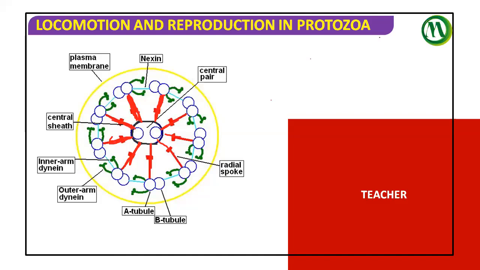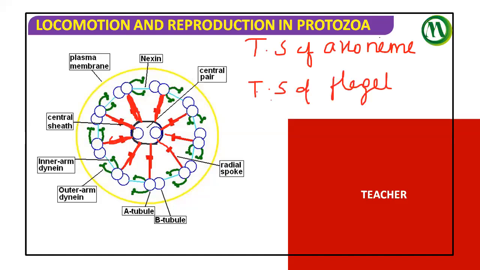This is the complete diagram. I request you to take the screenshot. This diagram, TS of axoneme, or you may call it TS of flagellum or cilium. So this is the diagram you need to draw.